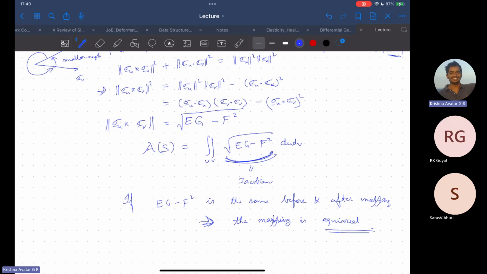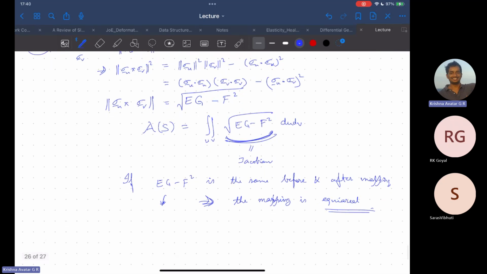So that was the whole aim. For this to be a strong condition, we can say that E, F, and G must remain the same.